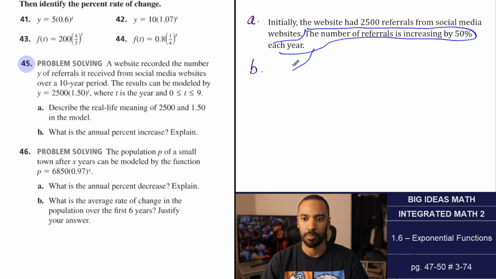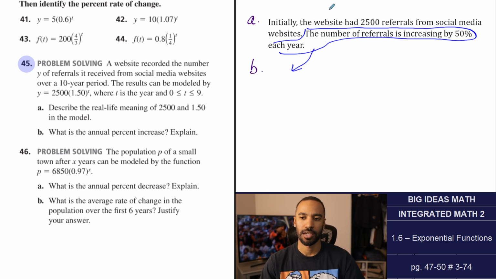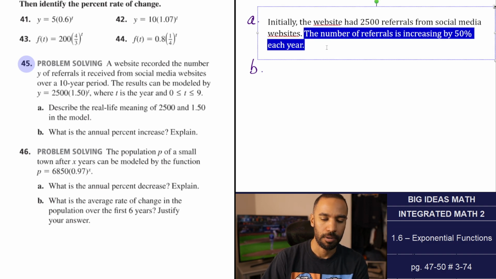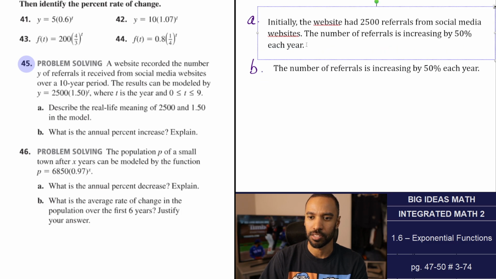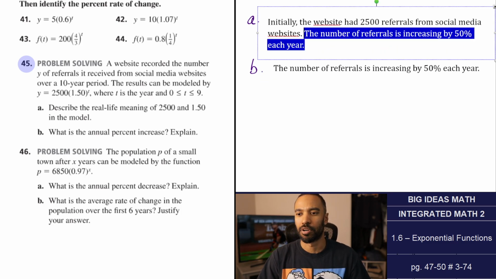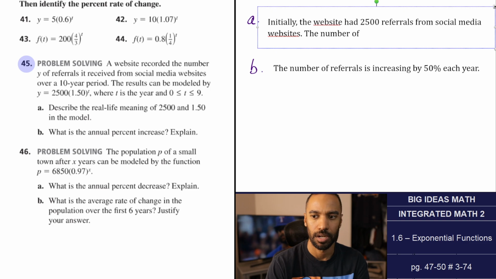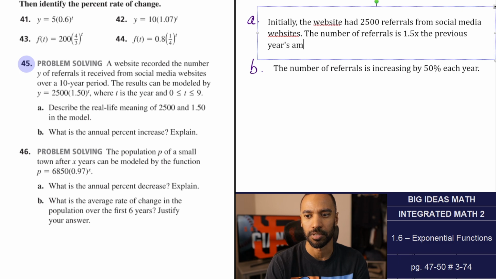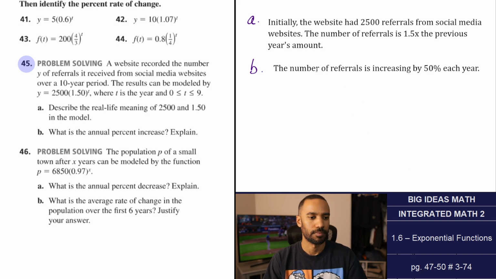I'm trying to think of how to interpret the other part, the real-life meaning of 1.50. Up above, I can say the number of referrals is 1.5 times the previous year's amount, and that converts to a 50% increase. We're not doing anything with it besides that.